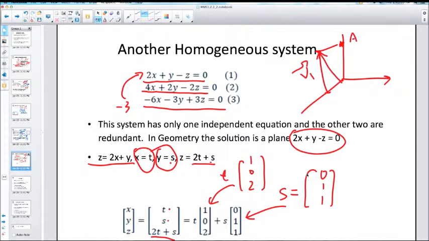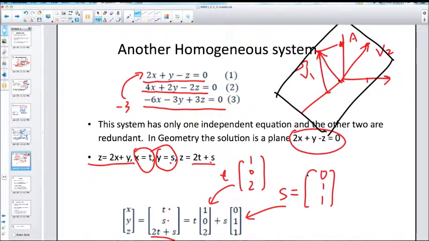And 0, 1, 1 is another vector, V2. And your solution basically is the plane passing through these 2 vectors. If you remember in geometry, passing 2 crossing lines, you have a unique plane. Now you get the plane.